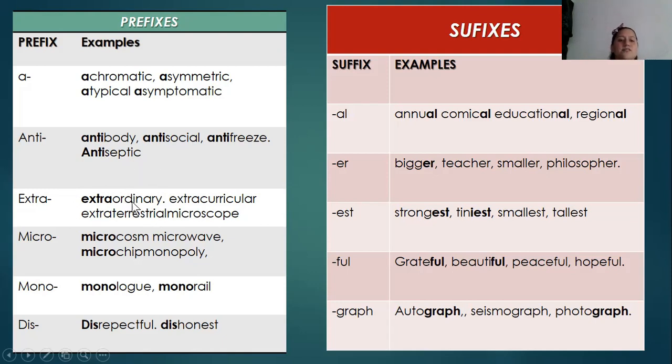Extra, extraordinary, because this word is a noun, ordinary. No, I'm sorry, it's an adjective. So we make another word that emphasizes something. You are going to use these prefixes. Extraordinary.